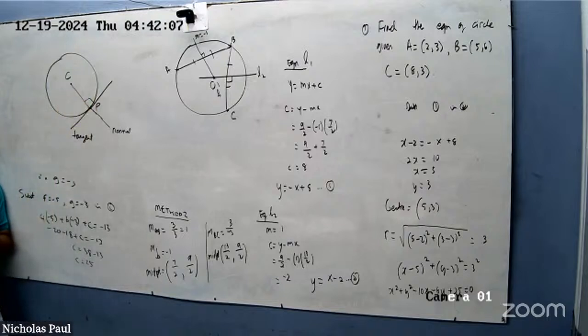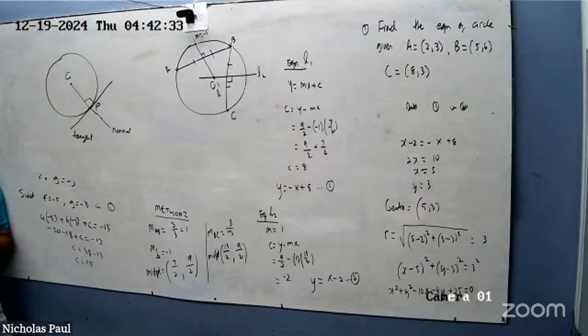And then after that, you put the point on the circumference in. Which point are you using here? The P. And what else?